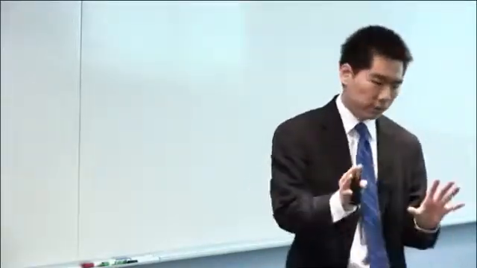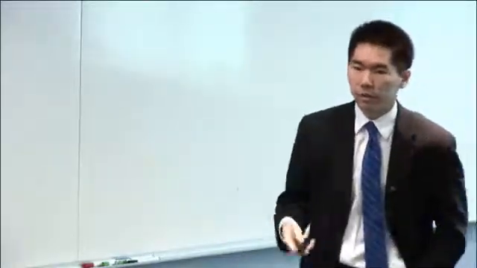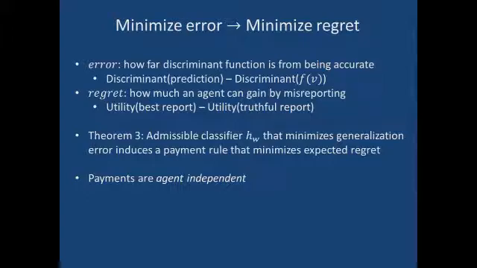The payment rule that we learn will minimize expected regret. So even when you don't have exact classification, if you minimize this error function, then you'll recover a payment rule that minimizes this regret, which quantifies how much an agent can gain by misreporting. And again, we still learn payments that are agent independent, which has this nice local stability property.